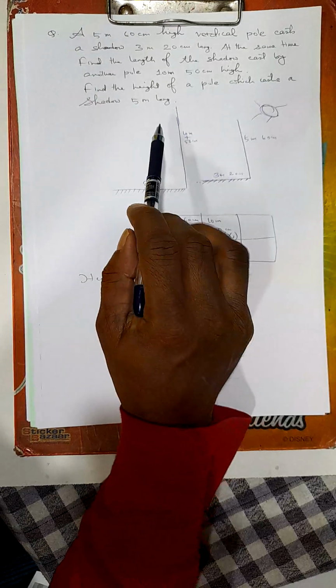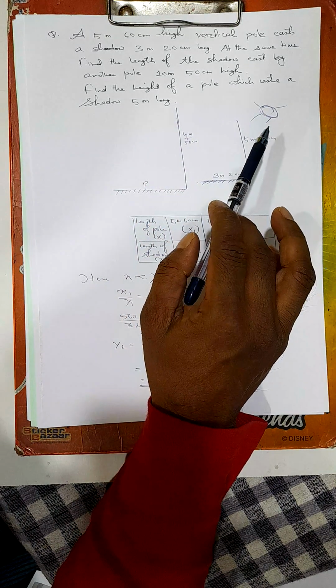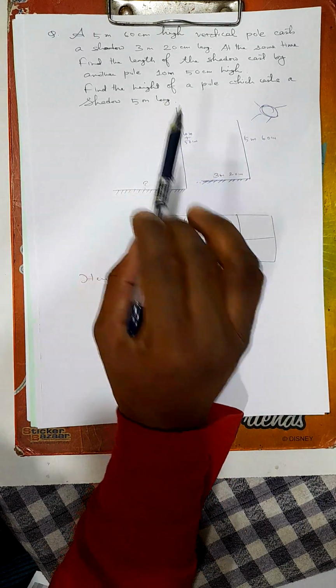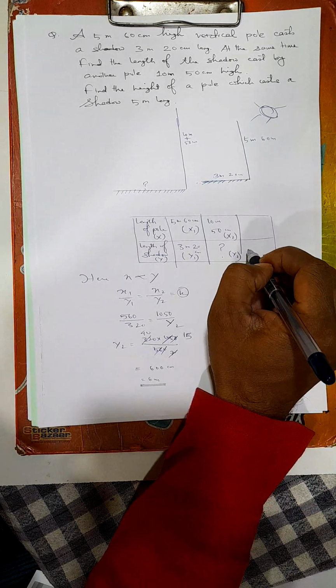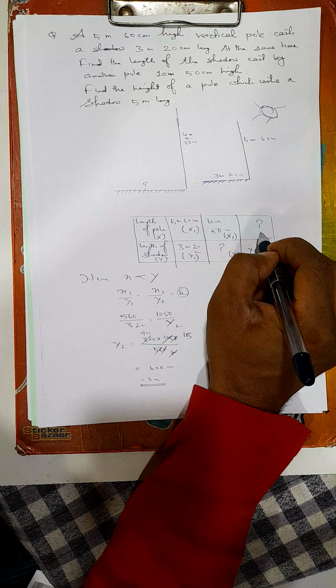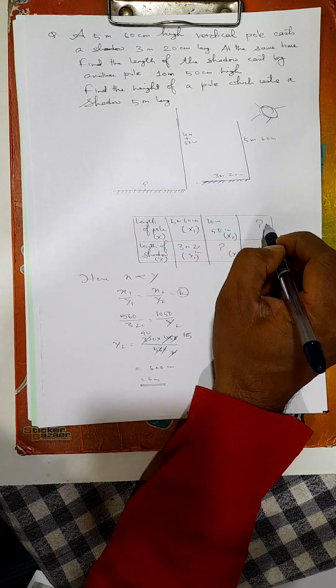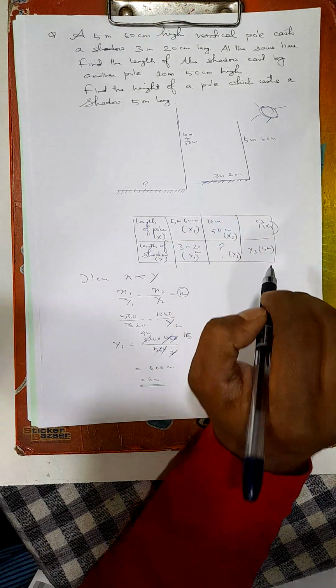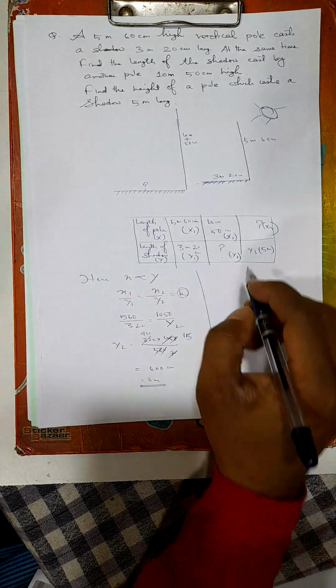Again you are asked, find the height of the pole which casts a shadow of 5 meter long. This is y3, 5 meter. So what is the length of the pole here? x3, right? So this time you find x3.